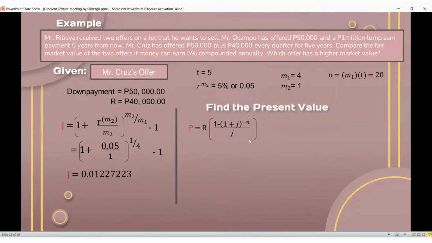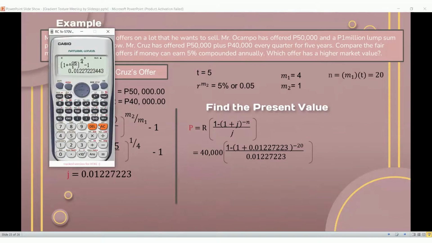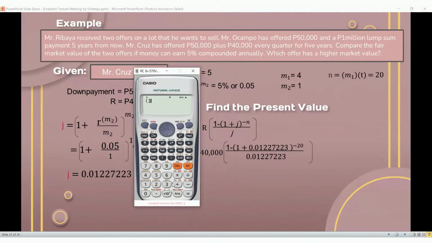For the present value, this is the formula we will use. Substitute: R is 40,000, times 1 minus quantity 1 plus J raised to negative 20, all over J. Let's try to solve it. Solve first what is inside the parentheses: 1 plus 0.01272723 raised to negative 20. Then copy the answer and subtract it from 1.